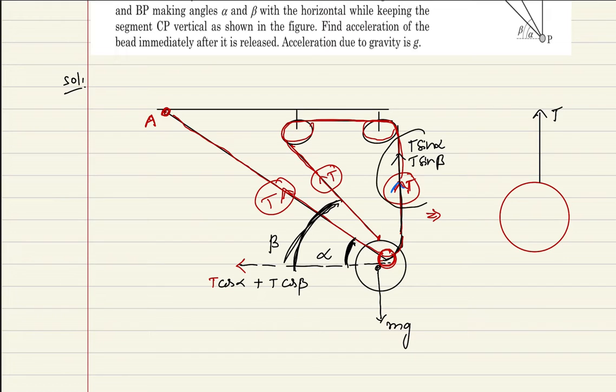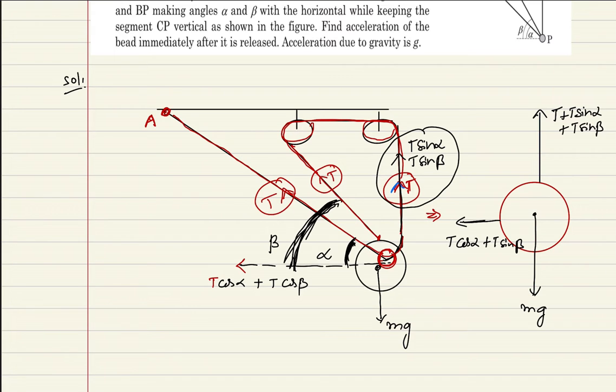So the net force along the y-axis in the upward direction is T plus T sin alpha plus T sin beta. Similarly, along the horizontal direction, the net force acting towards the left side is T cos alpha plus T cos beta, and the weight of this disc I am taking as mg.